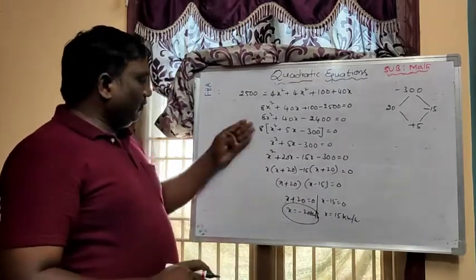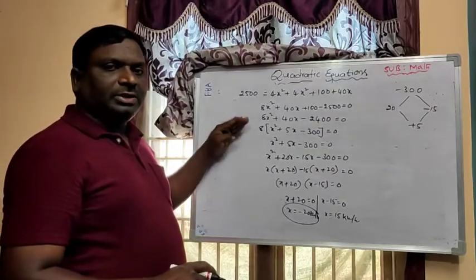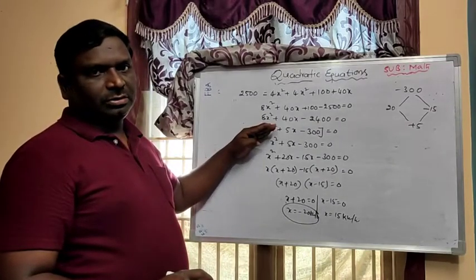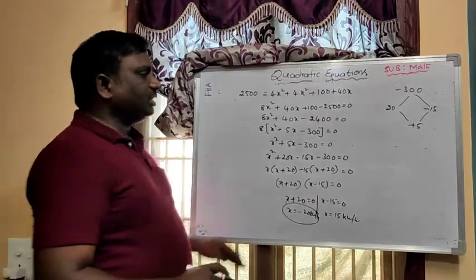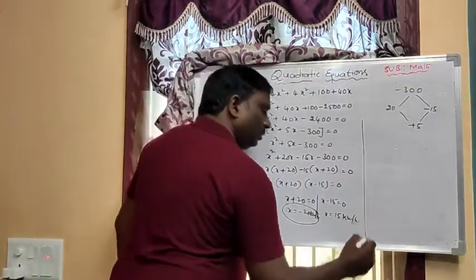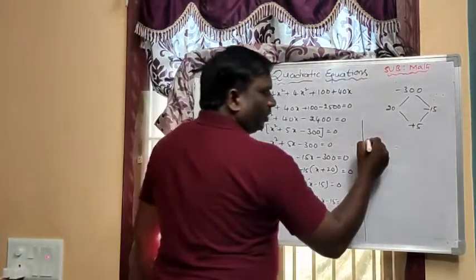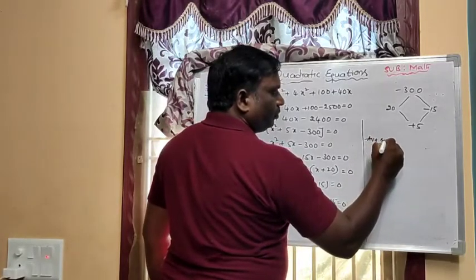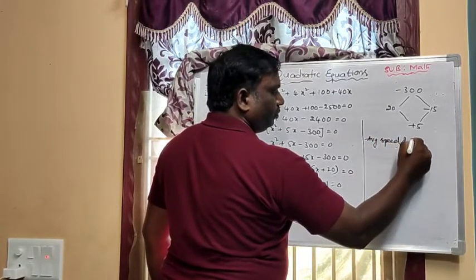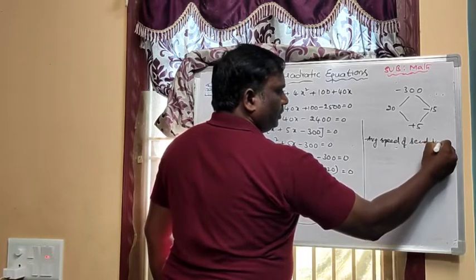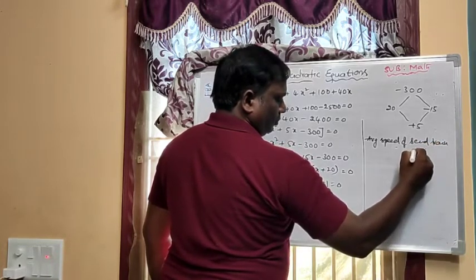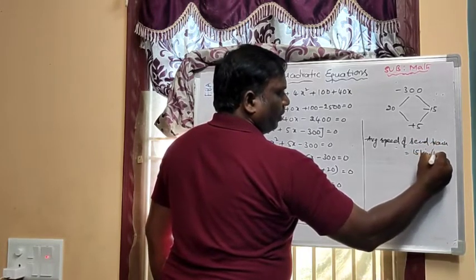What is the conclusion? What are we finding? The average speed of the second train is x, which we took here. So the average speed of the second train equal to 15 kilometer per hour.